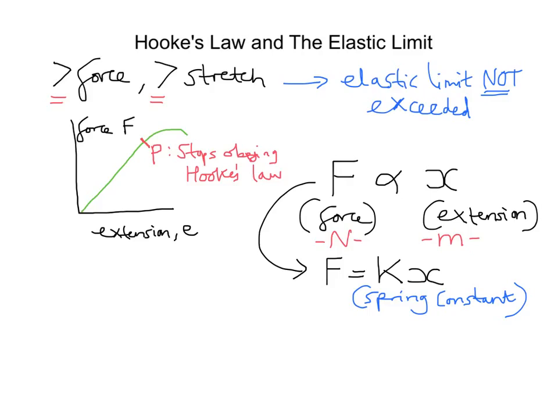So we link those two together by having this spring constant. And clearly the spring constant would have units of newtons per meter. If we rearrange the equation and send x onto the other side, it becomes a dividing factor. So it would be F divided by x, so newtons divided by meters, newtons per meter. So k is called the spring constant, and it sort of measures the stretchiness of the material, if you like.